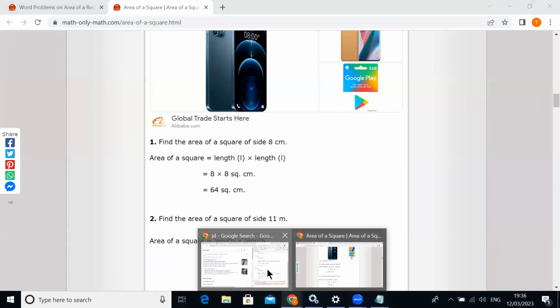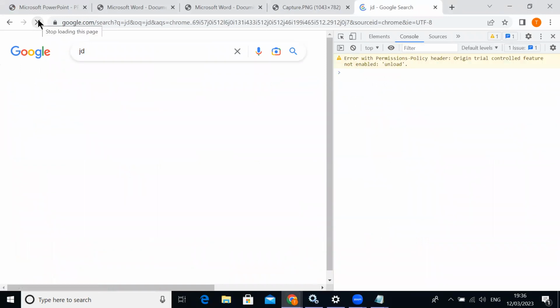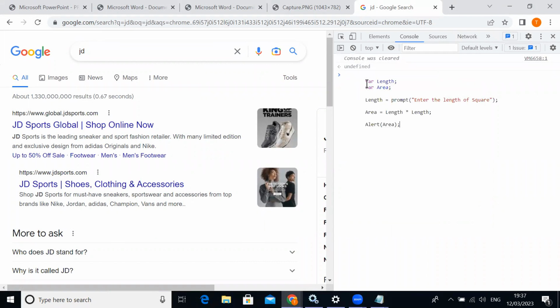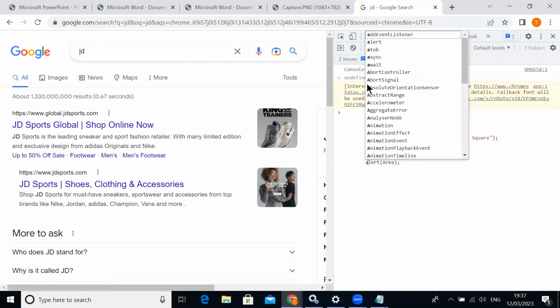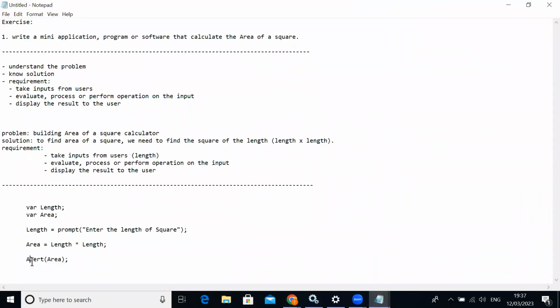So let's go to our program. Let's refresh the page so that we don't interfere with any old memory. We need to paste this, and our alert must be a small letter e, so I need to correct it here.